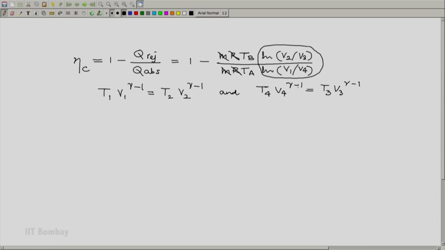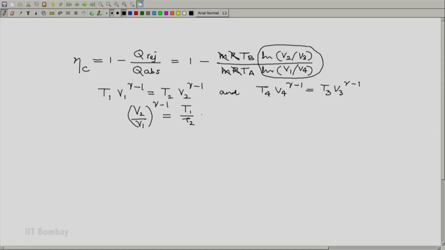Now from this you will notice that (V2/V1) raised to gamma minus 1 will be T1/T2.